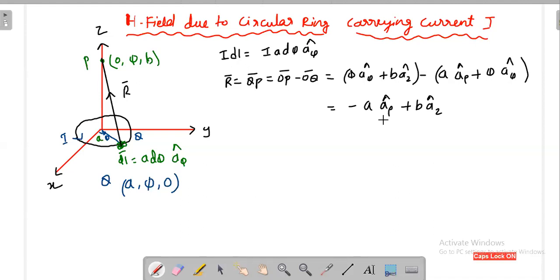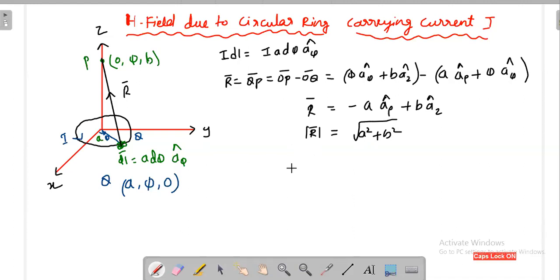Now this is my r vector. Once I know my r vector, what is the magnitude of r vector? The magnitude of r vector is simply square root of a square plus b square.